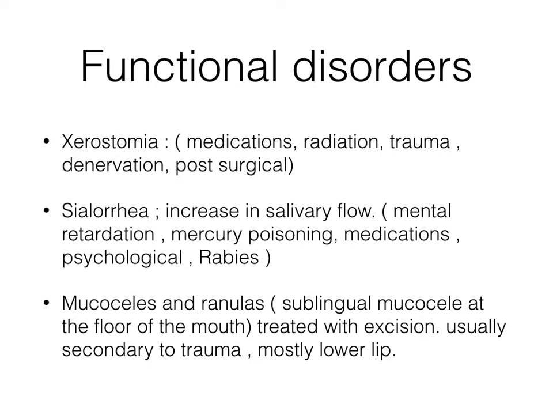Patients who take radioactive iodine, they especially have xerostomia. It could be related to trauma of the parotid. Denervation, meaning, as we said, if we have parasympathetic denervation, then we wouldn't have adequate secretion of the saliva. And then post-surgical, after intervening or doing resections.